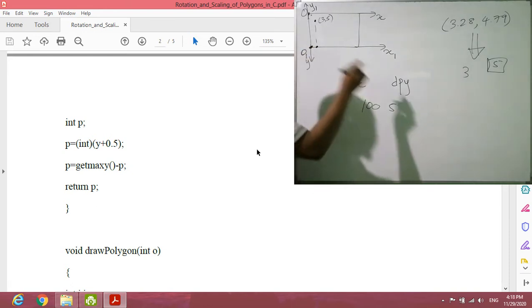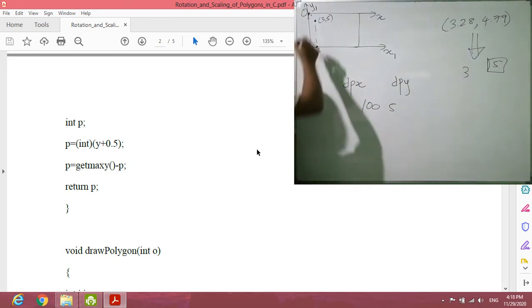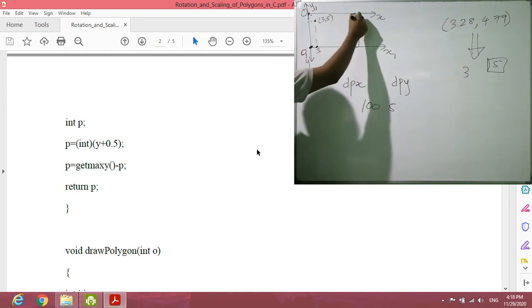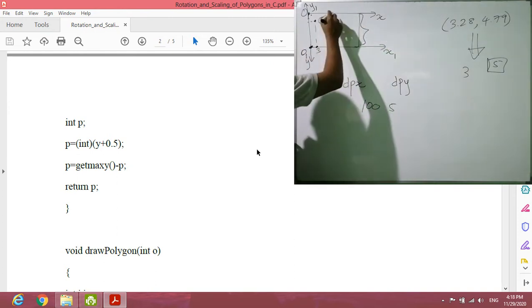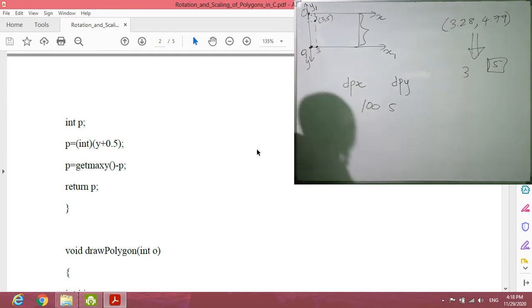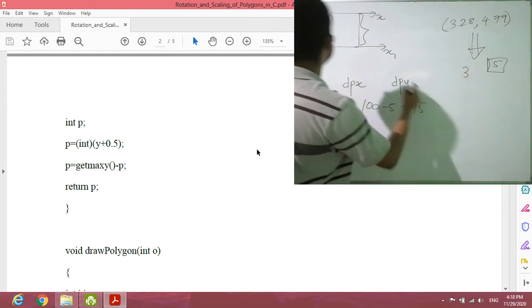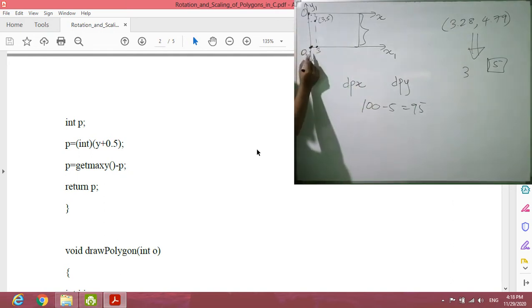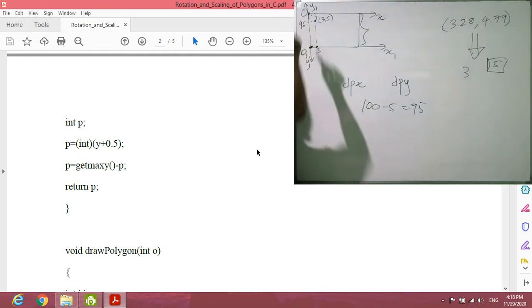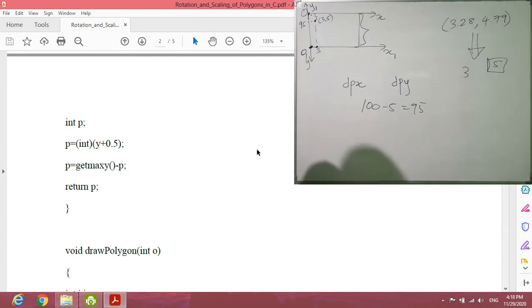Therefore x coordinate no change, y coordinate we have to consider from this amount, you have to reduce this amount. 100 minus 5, 95. Then with respect to this origin the value is 95. Very simple thing, anyway you have to understand it.